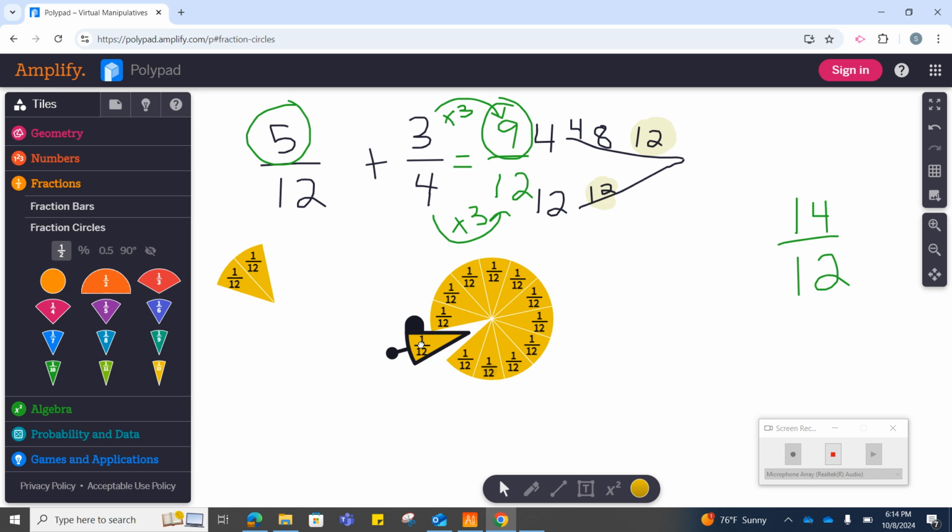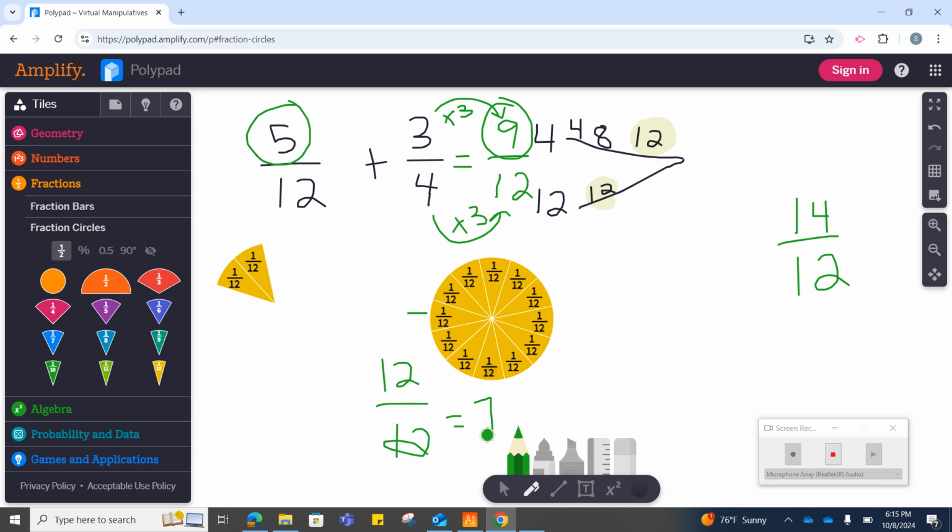So that should be 12/12. Let me make a note where I'm starting. I'm starting there. 1, 2, 3, 4, 5, 6, 7, 8, 9, 10, 11, 12. So this whole circle is 12/12, which is 1 whole. And then I have 2 more 12ths, if you want to see them in order.